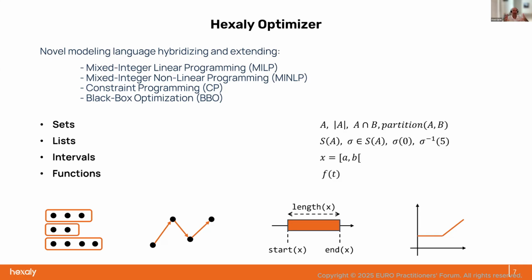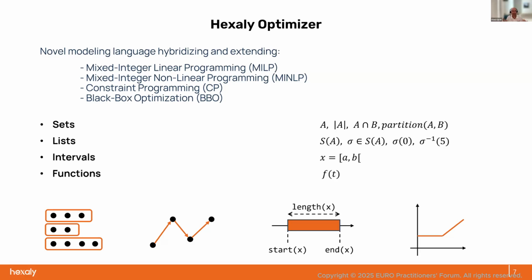So we wanted something higher level. And so the Hexaly modeling language, the mathematical language, which is accessible through Python, for example, the Python API, I will call that a language. It's an extension of all what you know today, and it's a hybridization of all what you know today.